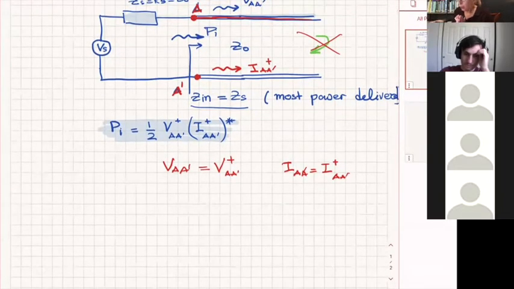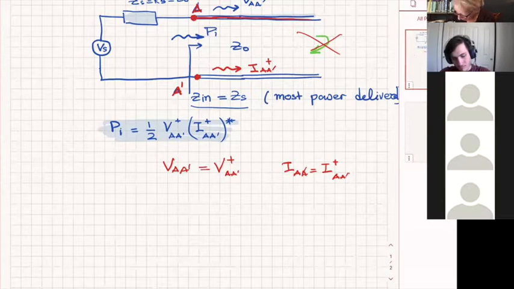Now, so this is the incident in the line, okay? And also, how much is the incident voltage, PI, into the line? The total voltage by the source, okay? So the source, let me write it here.